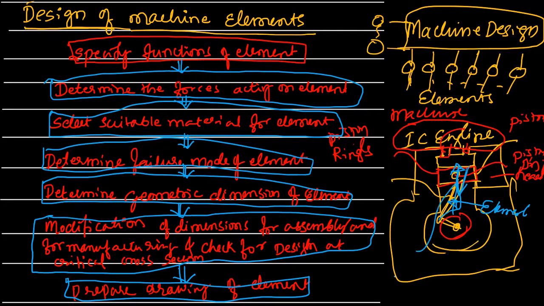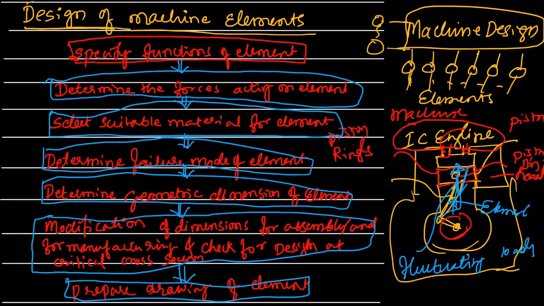That means the connecting rod is subjected to fluctuating loads. So, this is the determination of forces acting on the element: one time compressive load, one time tensile load.